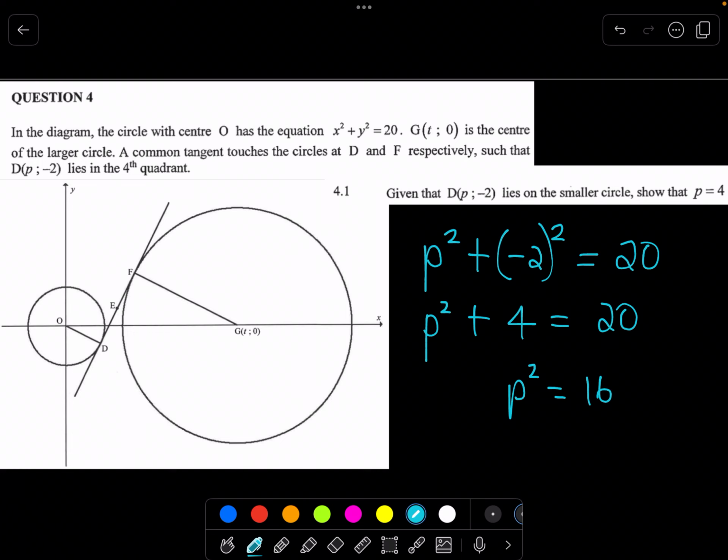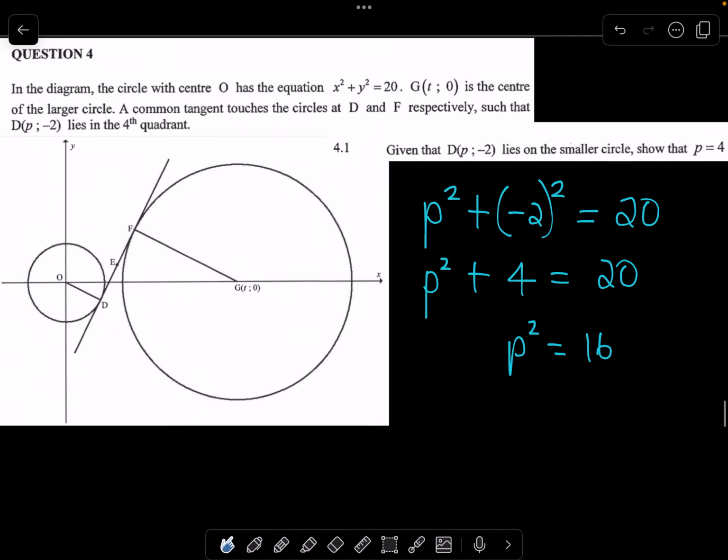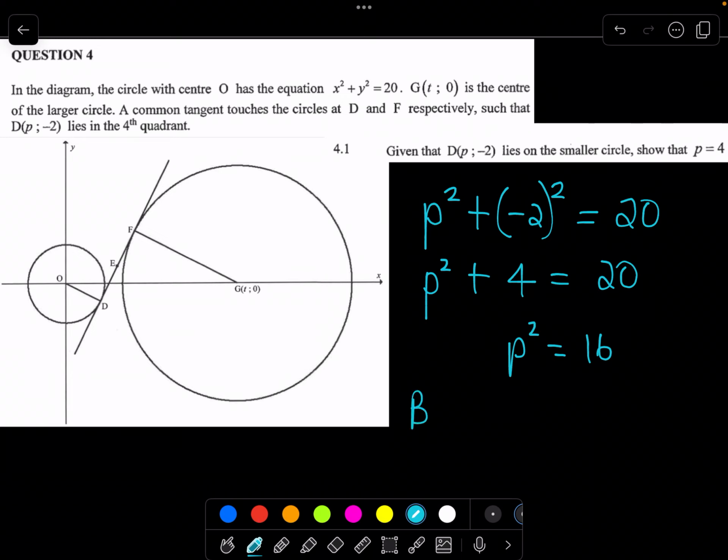Okay, and we know that p is positive because we've been told D is in the fourth quadrant, right? So its x coordinate must be positive. If it had been in the third quadrant, then its x coordinate must be negative. So we can say p is equal to plus or minus 4.